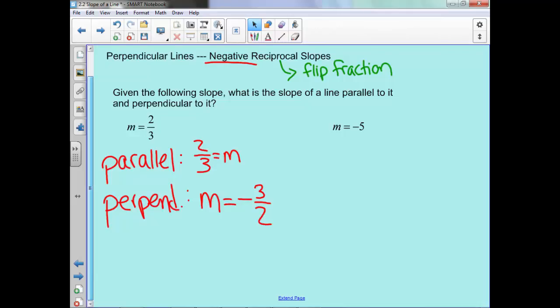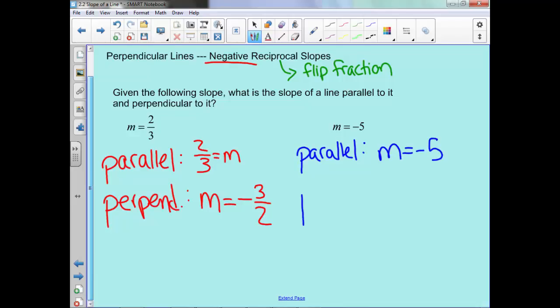Now the second one. If we wanted the slope of the line that's parallel, remember that slope is the same, so it'll still be negative 5. But if we want the slope that's perpendicular, go with that negative reciprocal.